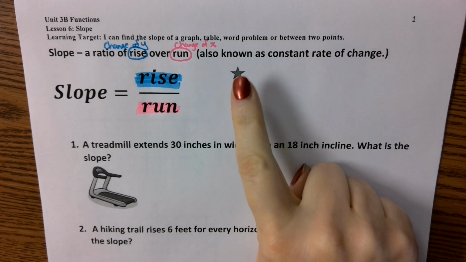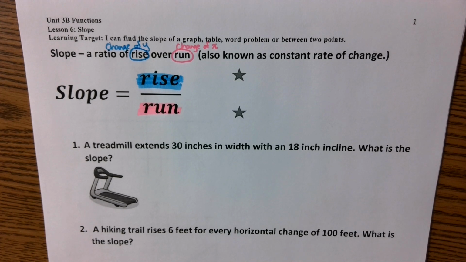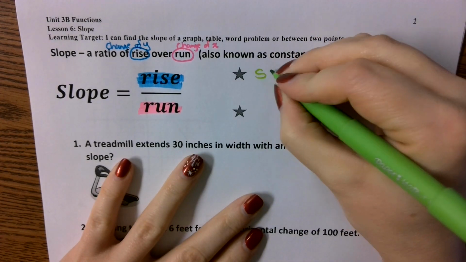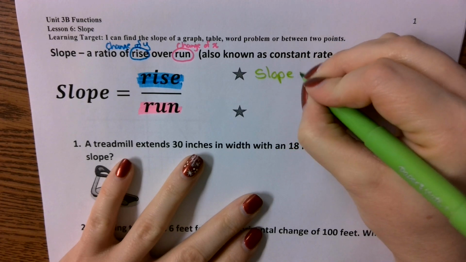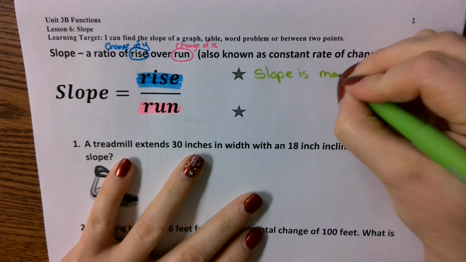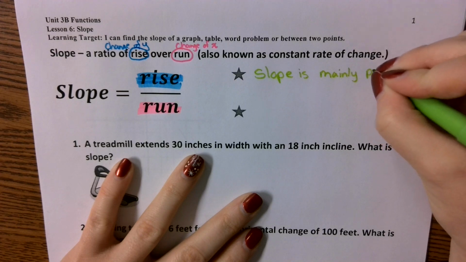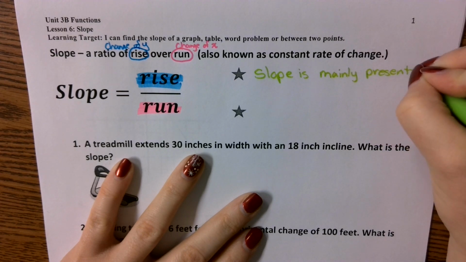Okay, so a couple of things that you need to make sure you are aware of. Slope is mainly going to be presented as a fraction. Every so often they might give it to you in decimal form, but you will convert it to a fraction. So I want to make sure you understand that slope is mainly presented as a fraction.